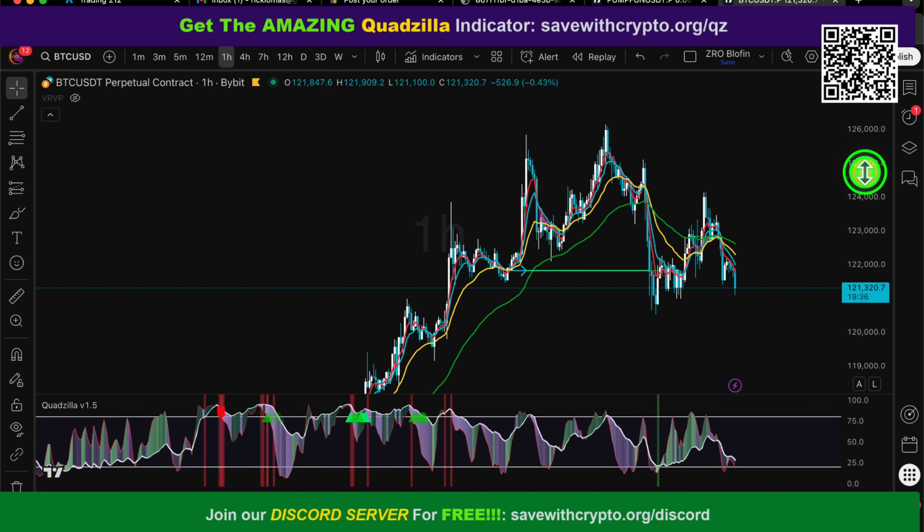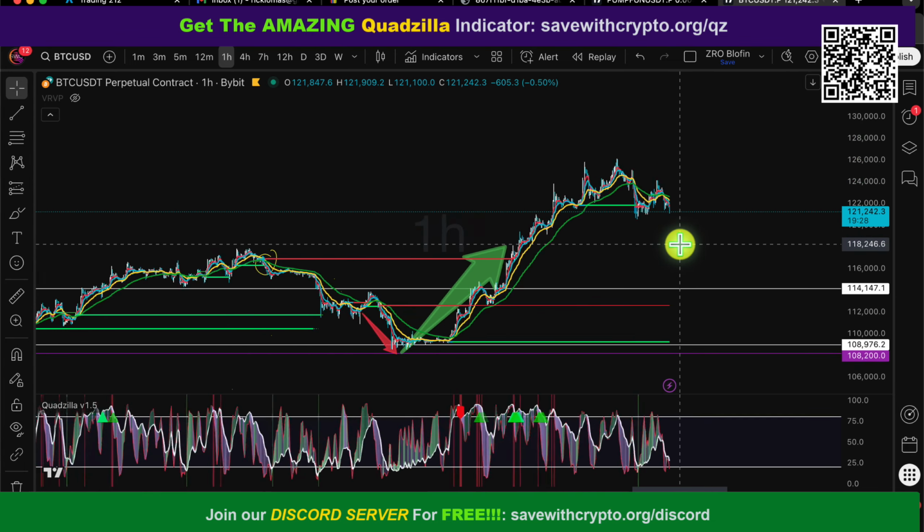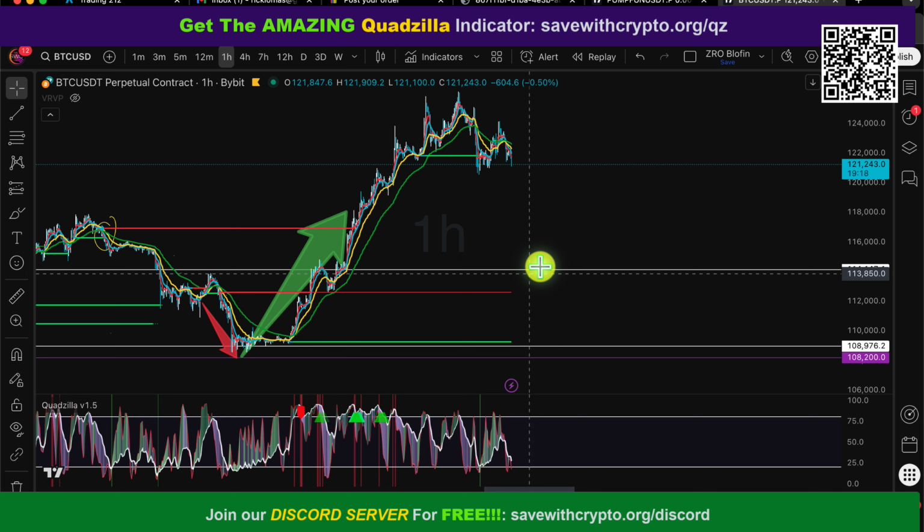So looking further down, I think we are looking down maybe much further. So maybe this weekly level here at 114, or the level we've been talking about quite a bit at 108, unless something happens to pump up the price.